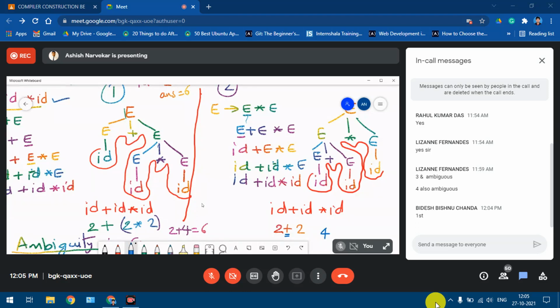Then it will go to the next part of the tree, which says it is multiplied by 2. So that is giving us 8. Now, can you tell me, based on our understanding of precedence and associativity rules, out of these two, which one should be chosen, first or second?